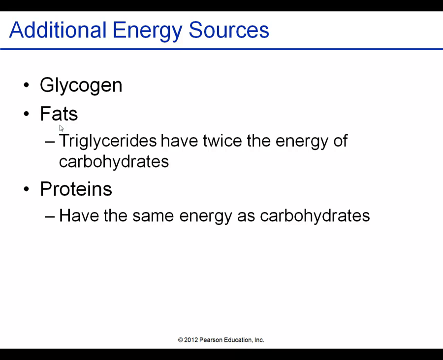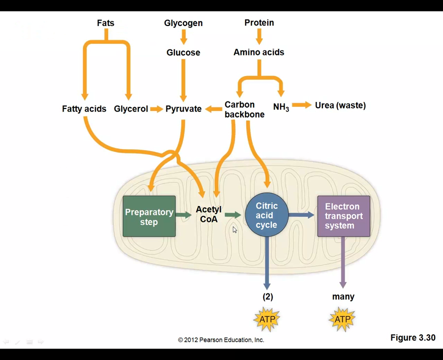And the proteins also have good energy, and you break them up and can harvest that energy. Fat in general has twice the energy of the carbohydrate, calorie per gram wise. Proteins will have the same energy as the carbohydrate. Okay?